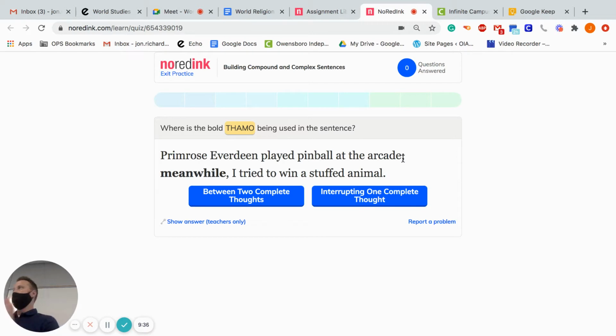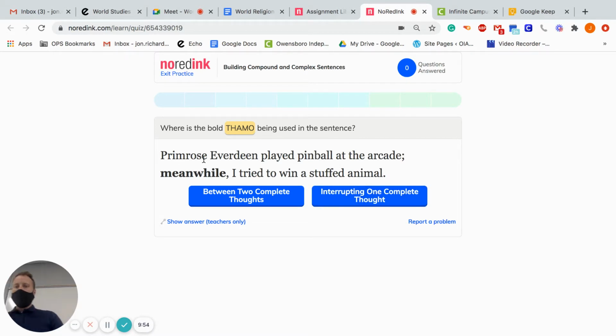Don't let semicolons scare you. It's almost like a period between one sentence and another sentence, but you can use semicolons when you have a themo. But that's not what it's testing here. All it's testing here is: is it between two complete thoughts, or is it interrupting one complete thought?